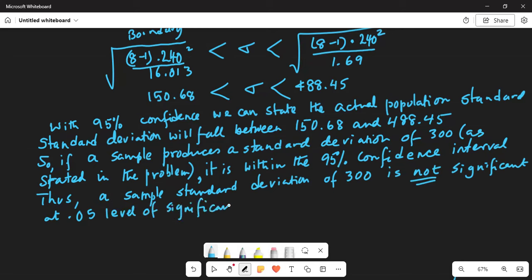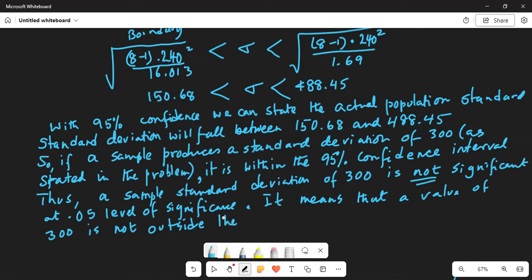It means that, let me write it down, a value of 300 is not outside the 95% confidence interval range. Okay, so that's part A.